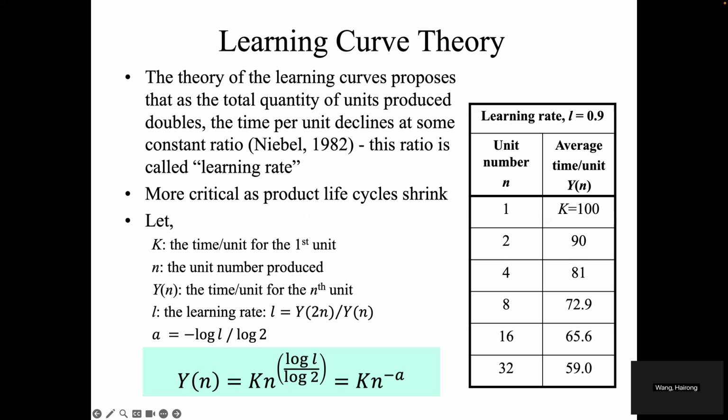And if we consider the learning rate, we can also benefit for process improvement. Identifying a learning rate can help in optimizing the processes and improving productivity over time. So it's meaningful for us to consider the learning curve when we do capacity planning.